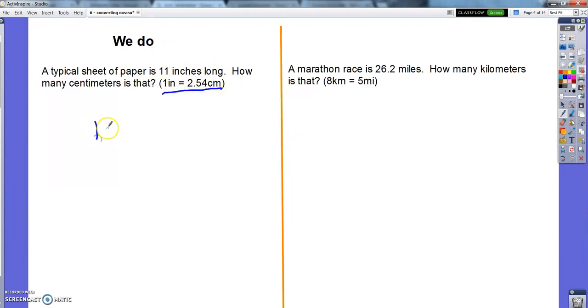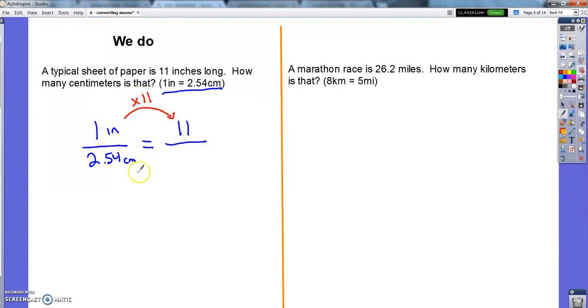So I know that 1 inch is equal to 2 and 54 hundredths centimeters. And I want to know for an 11 inch sheet of paper, how many centimeters is that? Well, that's going to be easy to figure out because I love unit rates, since it's really easy to figure out what I multiplied by.